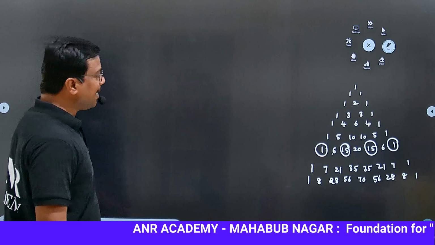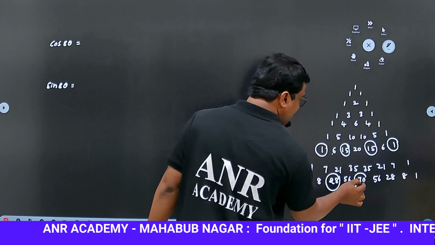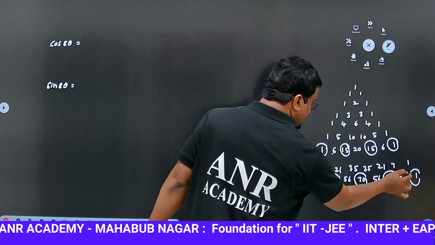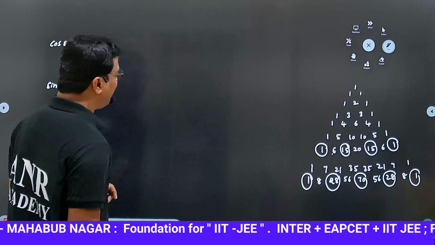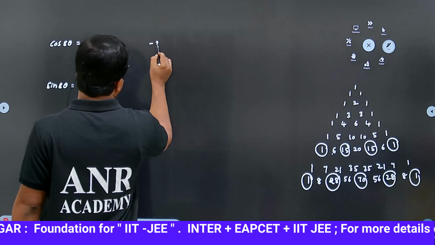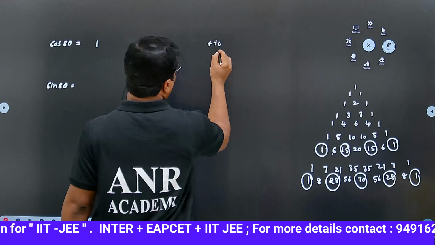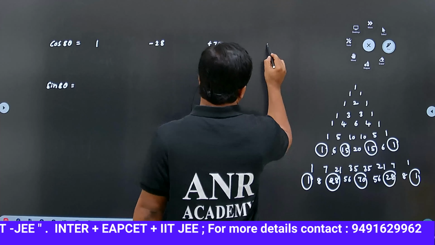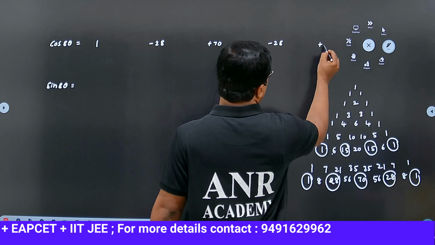So for cos 8 theta, you have to write 5 binomial coefficients, 1, 2, 3, 4, 5, alternate with plus minus symbols. So plus 1, next minus 28, and then plus 70, and then minus 28, and after that plus 1.